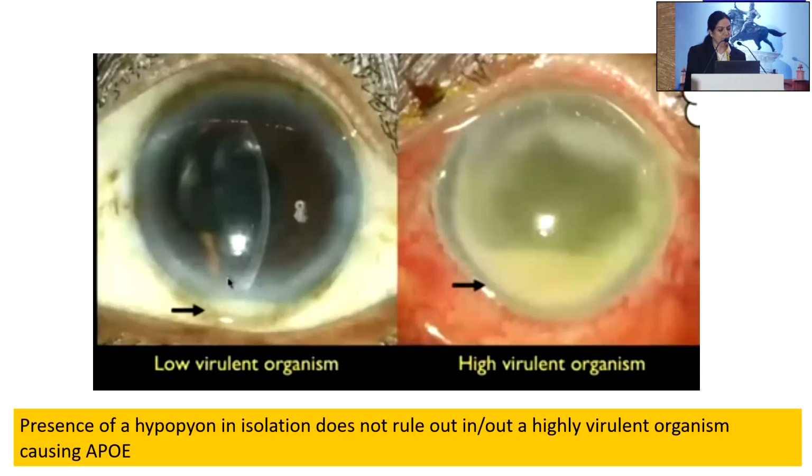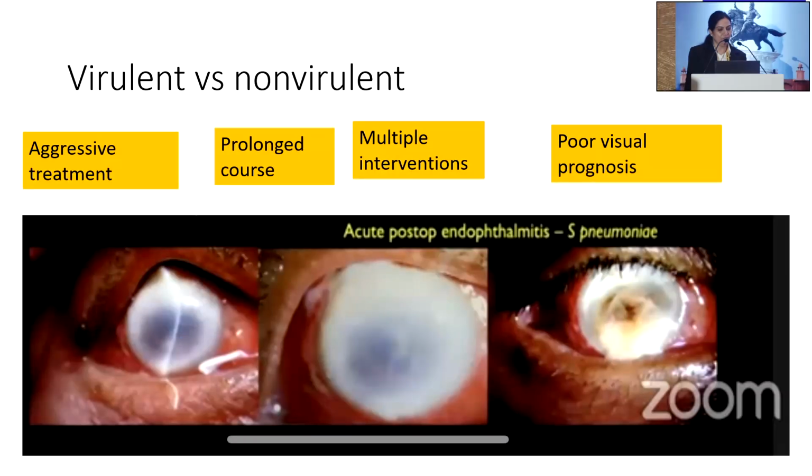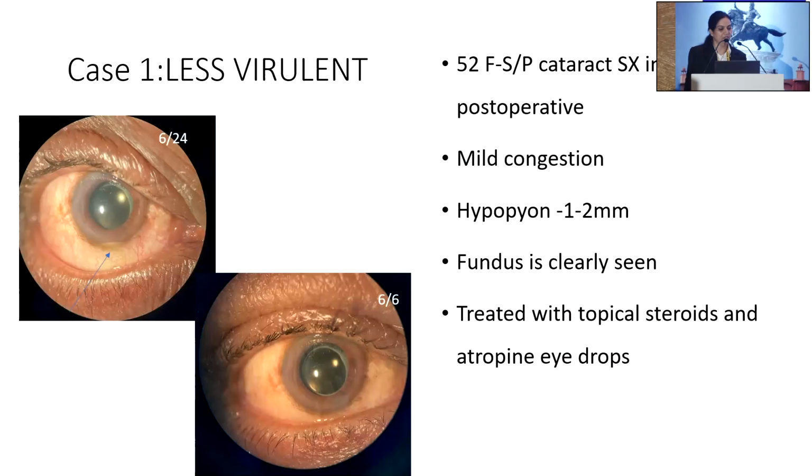The presence of hypopyon in isolation does not rule in or rule out highly virulent organisms. If we suspect a virulent organism, the management has to be aggressive, with a prolonged course, multiple interventions, and poor visual prognosis should be explained to the patient and relatives.